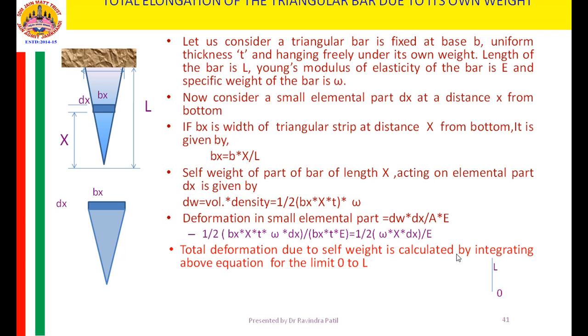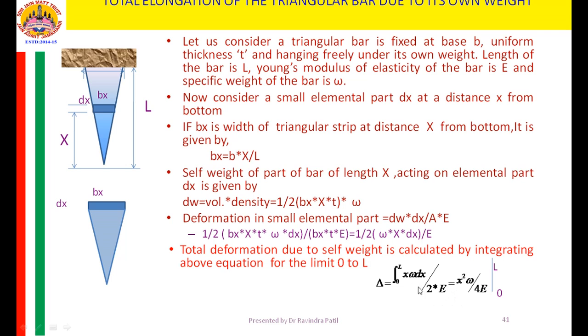Now this is the small elemental part's deformation. If you want the deformation of the whole triangular part because of its own weight, I need to carry out such strips from x is equal to 0 to x is equal to L. That is, the total deformation due to the self weight is equal to the integral from 0 to L of omega x into dx divided by 2E.